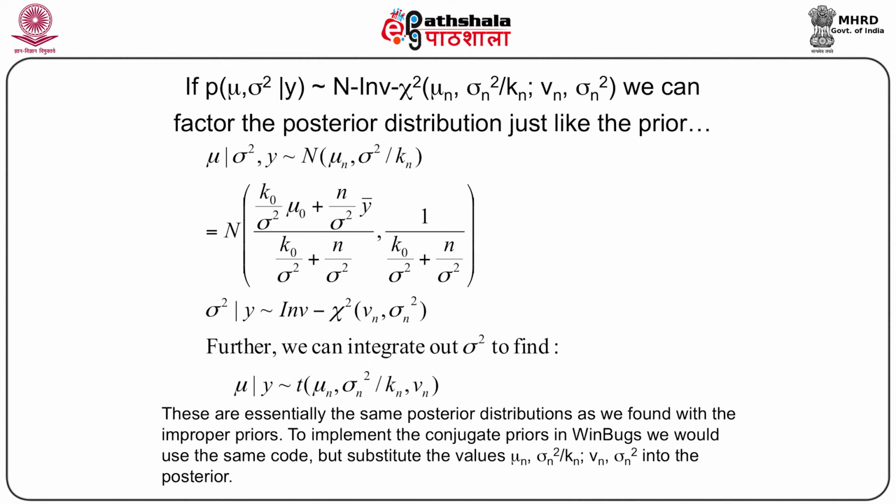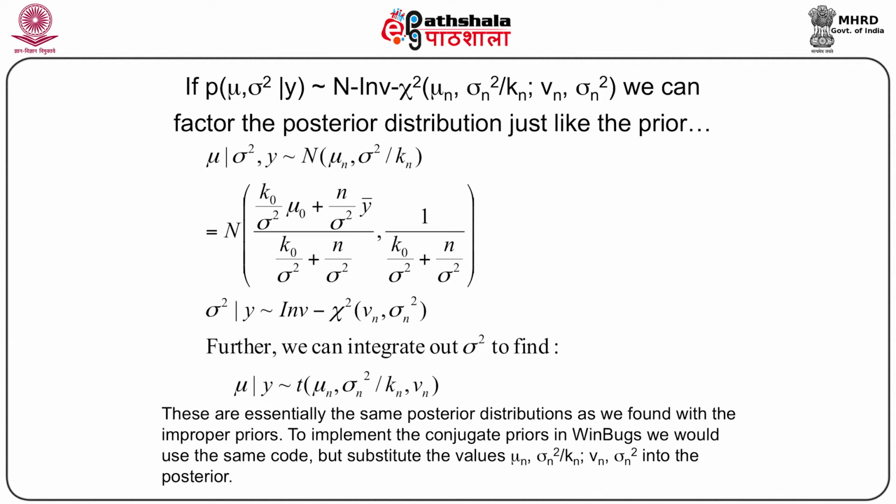These are essentially the same posterior distributions as we found with the improper priors. To implement the conjugate priors in WinBUGS, we would use the same code, but substitute the values mu n, sigma n square over kn, Vn, sigma n square into the posterior.